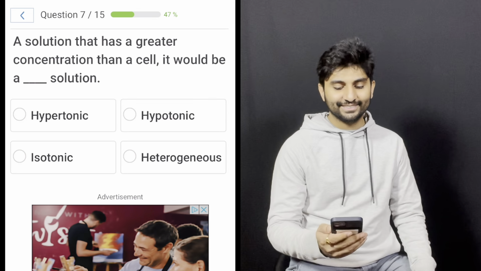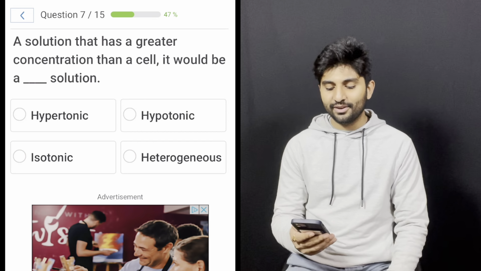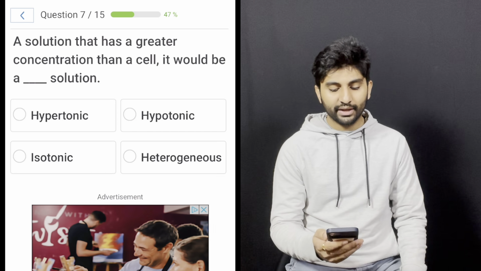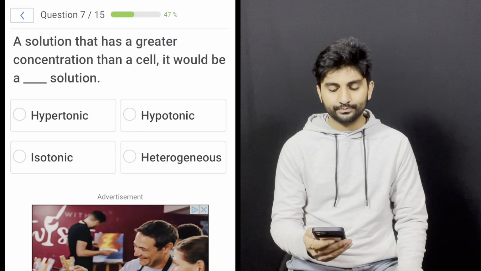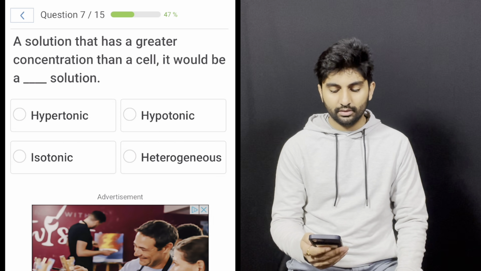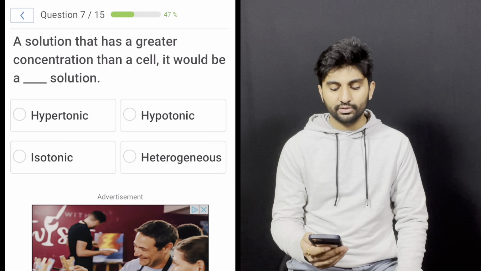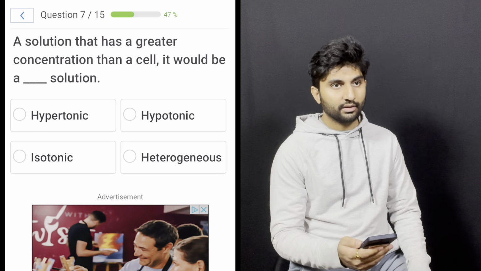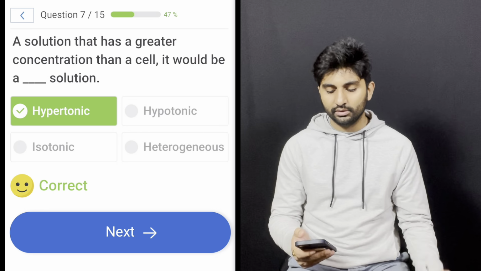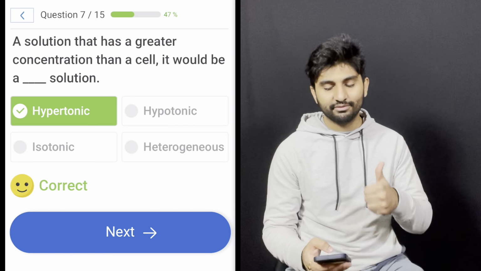Question number 7. A solution that has a greater concentration than a cell would be a blank solution. Hyper. When you're talking about the solution, it would be hypertonic. That's true. 7 for 7.